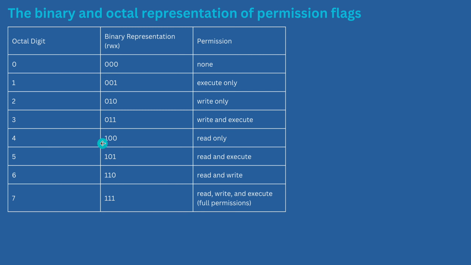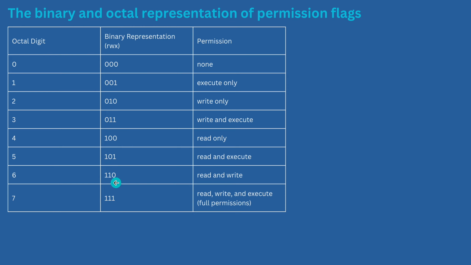Now see, 100 means read only. Now here see 101. This is read, and this is 1. What is the 1? Not write, but execute. So this is read and execute, and the equivalent octal number is 5.